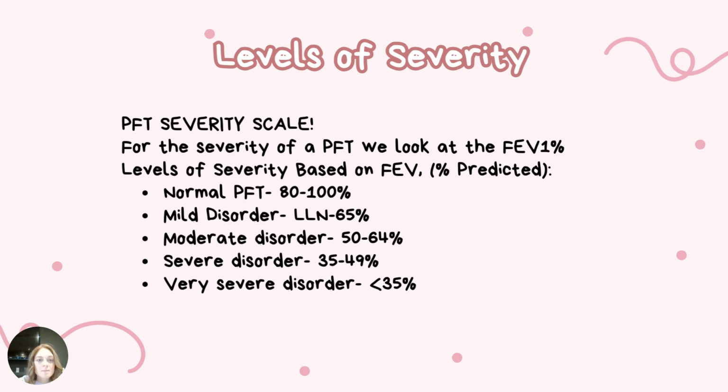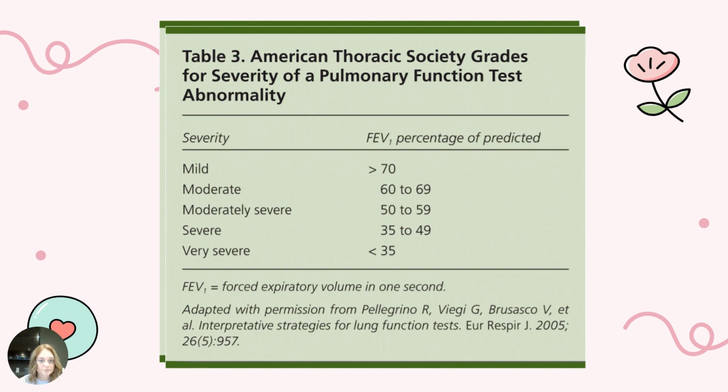Mild, we're going to be leaning towards our lower end to 65%, and our moderate disorder is going to be 50 to 64%, and our severe disorder is going to be 35 to 49%. And very severe, you have less than 35% of predicted on the severity scale, you're in trouble. You've got a very severe disorder.